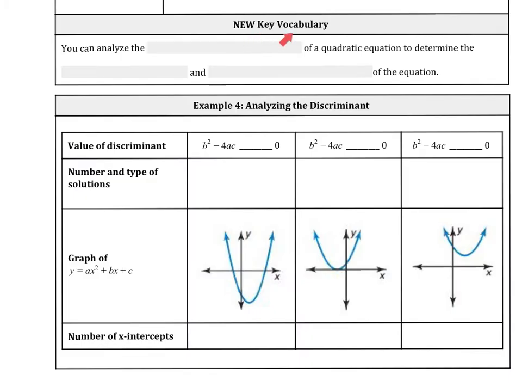New vocabulary words for 3.4. You can analyze the discriminant of a quadratic equation to determine the number and the type of solutions of the equation. For example, if the value of the discriminant, b squared minus 4ac, is greater than 0, then you're going to have two real solutions.